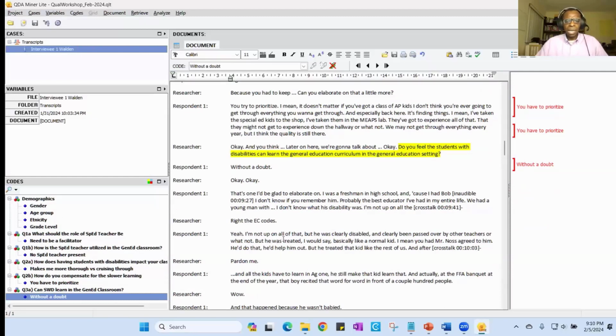But he was clearly disabled and clearly been passed over by other teachers or whatnot. But he was treated, I would say, basically like a normal kid. Mr. Noss agreed to him, he'd help him out, but he treated that kid like the rest of us.